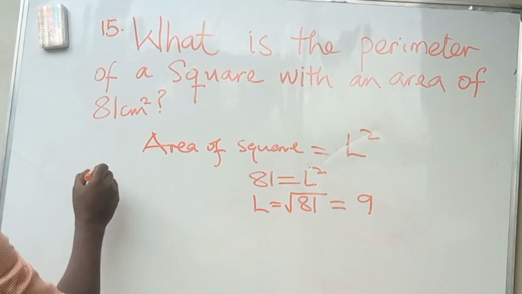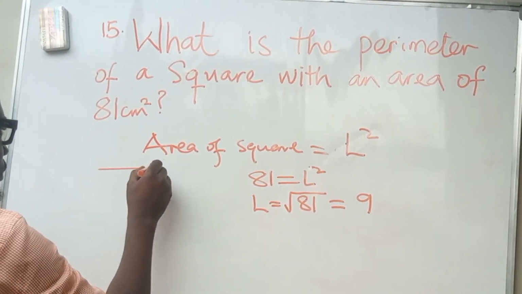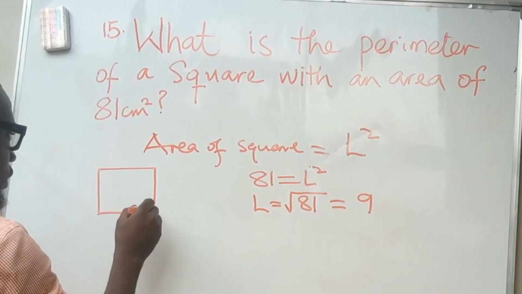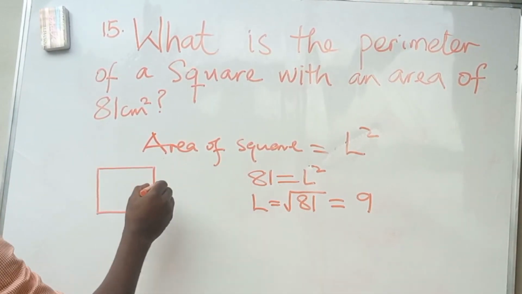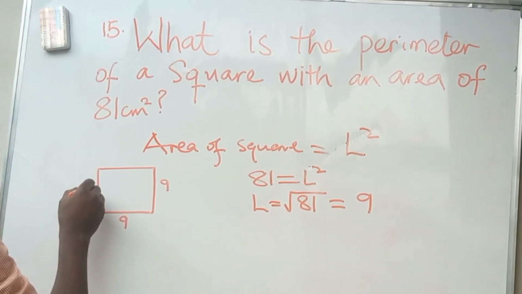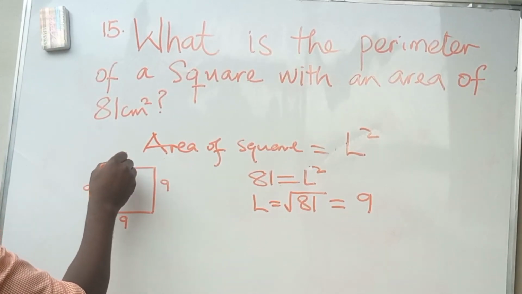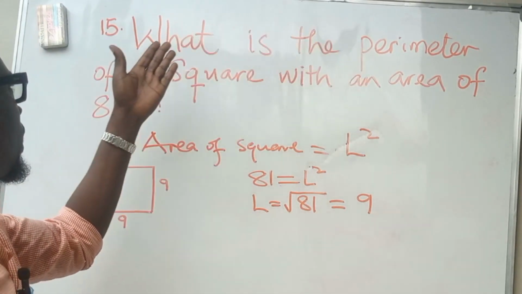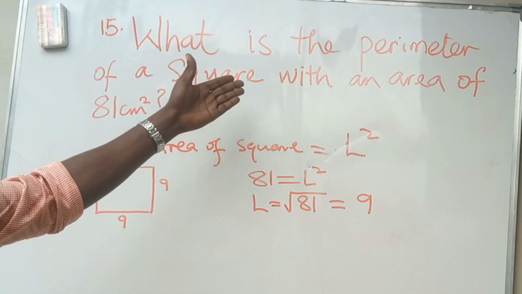Let me represent the square on the board graphically. If this place is 9, this place will be 9, this will be 9, and this place will be 9. So the question says, what is the perimeter of a square?